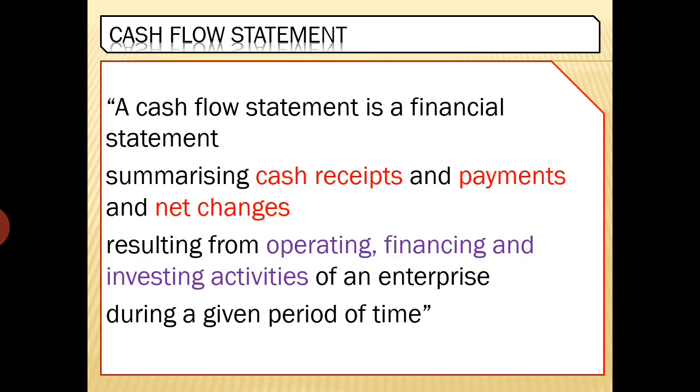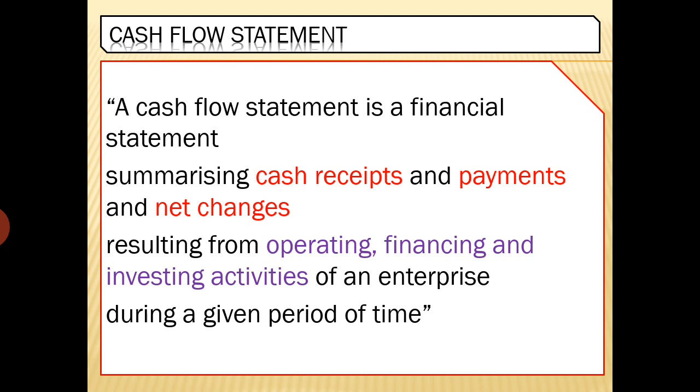Then let us examine the meaning, the definition of the term cash flow statement. A cash flow statement is a financial statement summarizing cash receipts and payments and net changes.